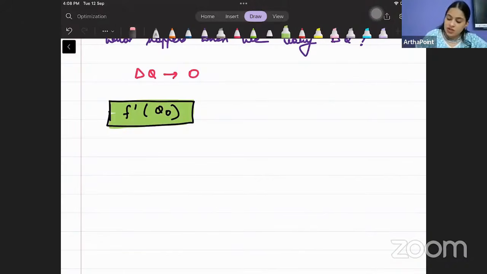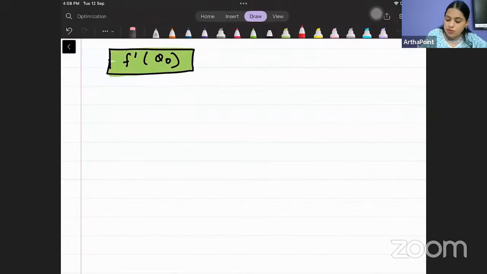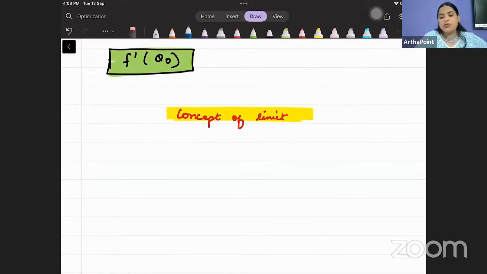Okay. Achha. Now, I also want to talk with you today about the concept of limit. So please write down this topic, concept of limit. Beta, we have understood the derivative. We have understood what the derivative is. So what is dy by dx? Ma'am, very simple.